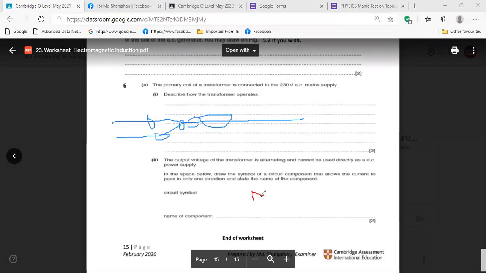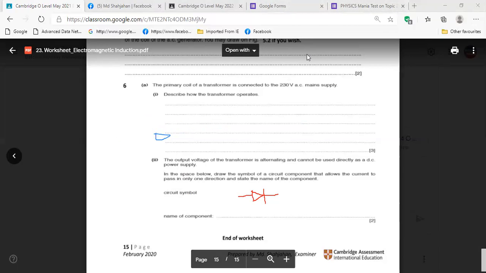Sir, is the work of a diode something like this? We got the work of a diode in the DC circuit, current electricity topic, a little bit, not that much.